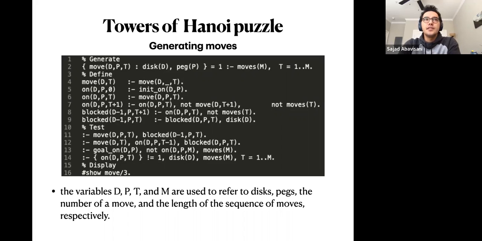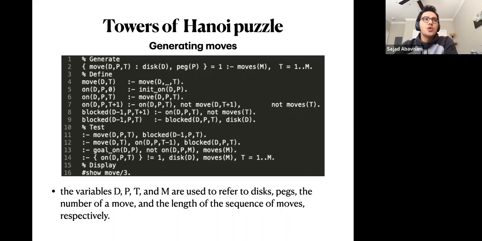And if disk D is somewhere on one pole P, and we move it at that time, it will be placed on that. As you can see here, it uses that choice rule that I talked about earlier, and it's specifying that it's impossible to have more than one move at a time, and that's why the curly brackets are equal to 1.